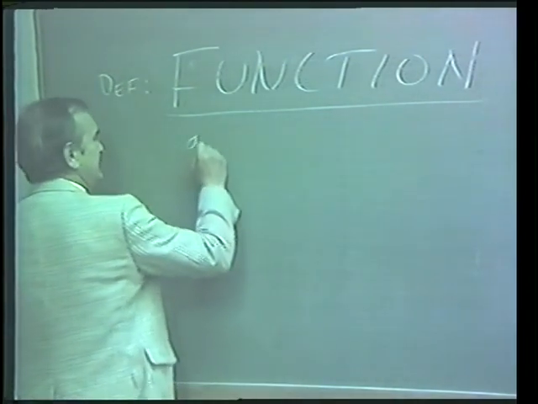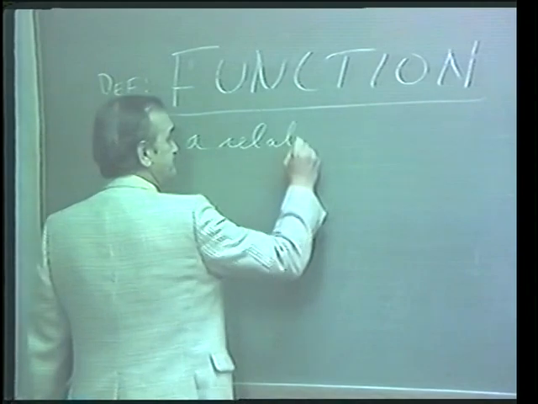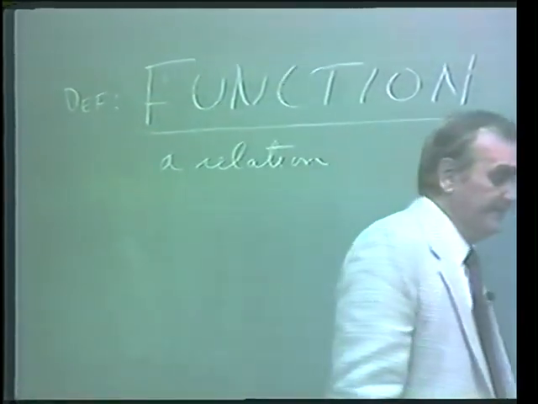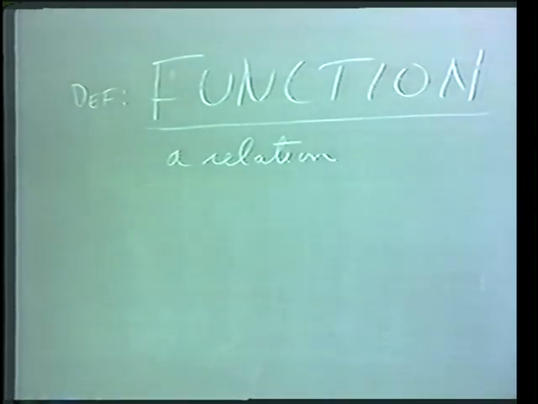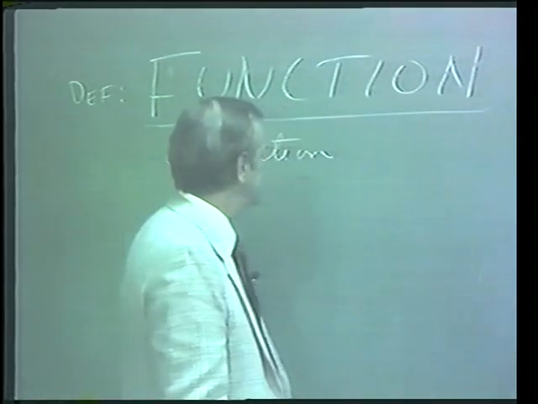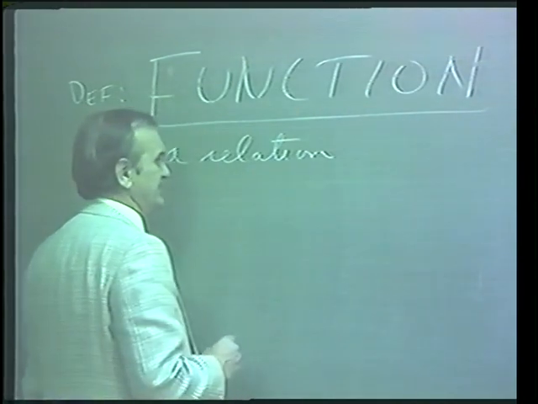A function is a relation. That means in order to have a function, you have to have a set of x and y's. You have to have a domain, you have to have a range. All functions have domain, have range. But it's a special kind of relation.